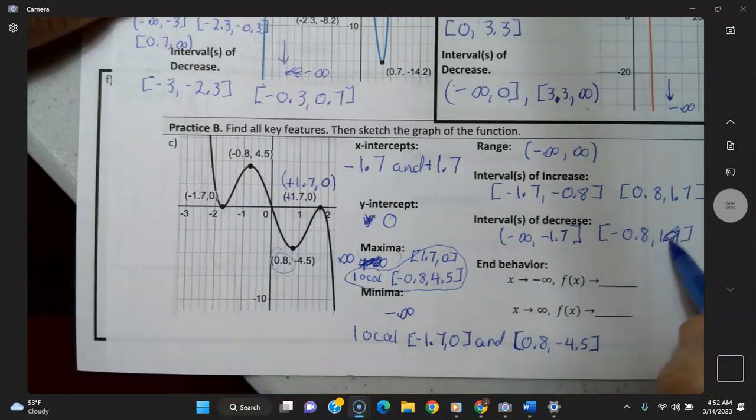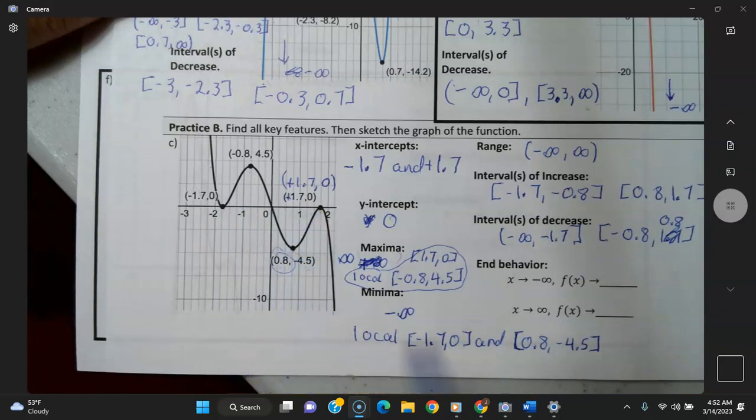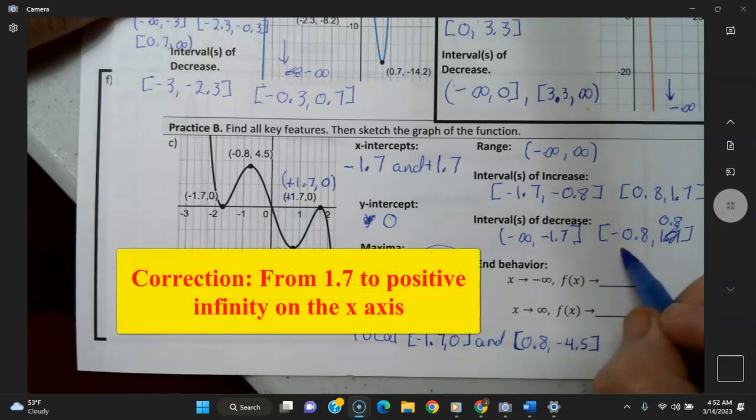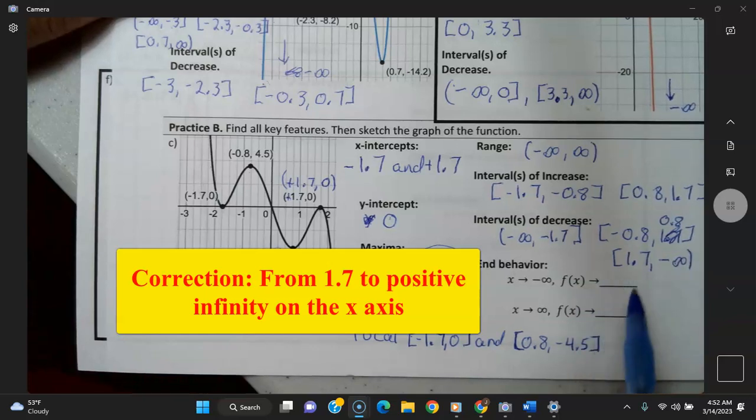So I'm going to change that to 0.8, 0.8. All right, so down to here, and now from here, 1.7 down to negative infinity. Okay?